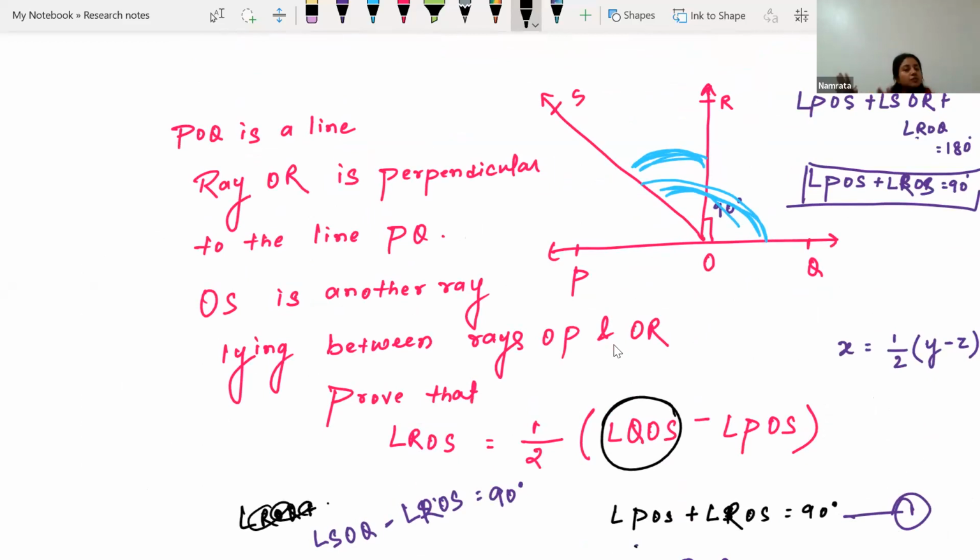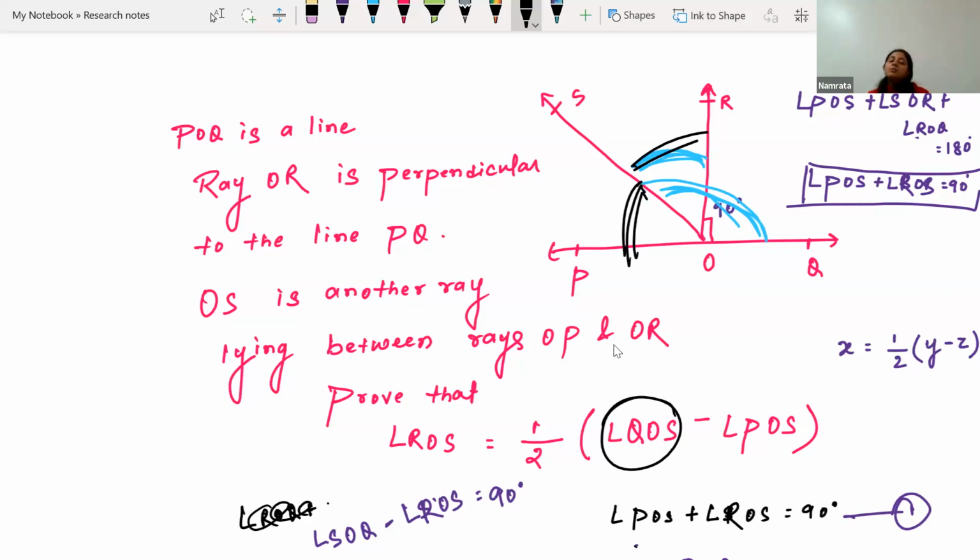If one of the angles over there is 90, then the sum of the other two, like a plus b, is also 90. We have done one question like this where we wrote a plus b is equal to 90. So here also the sum of this angle and this angle will be 90 because the other one is 90. By linear pair we have got this. This is equation number 1.